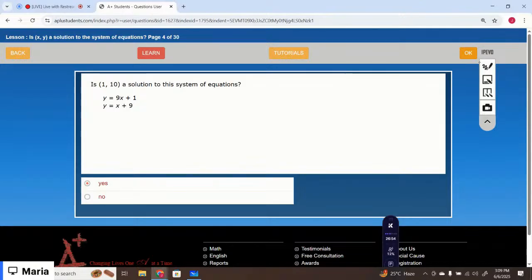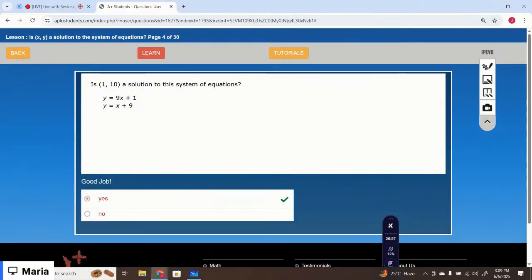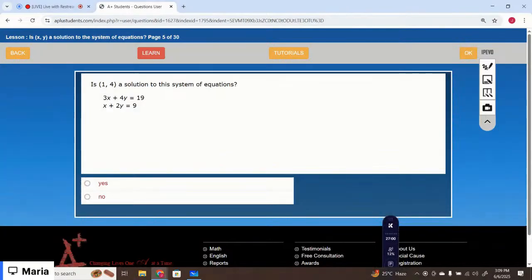The correct option is yes. Is (1, 4) a solution to the system of equations?